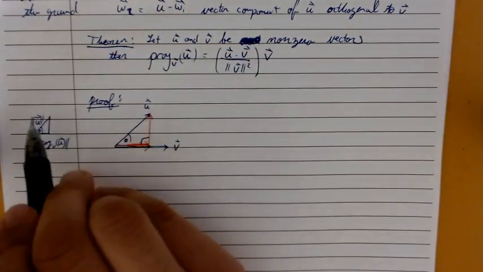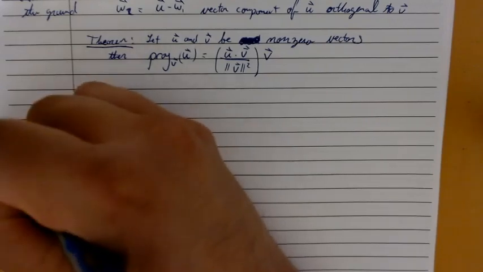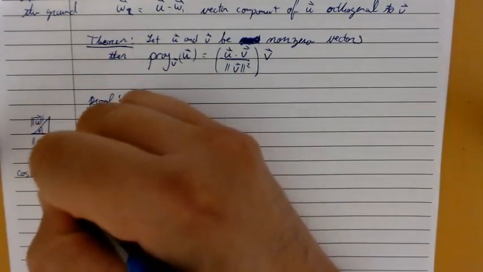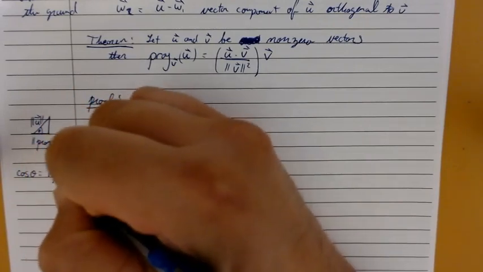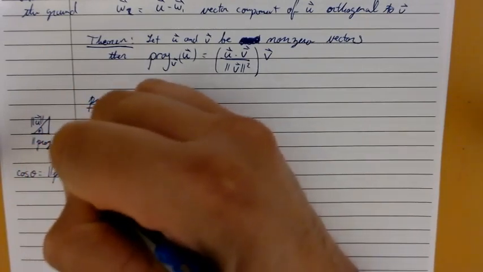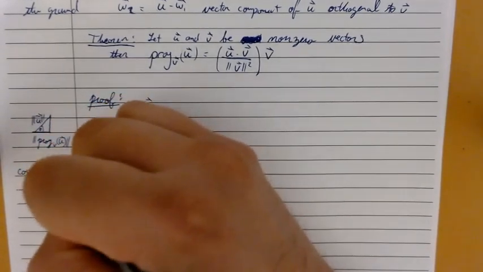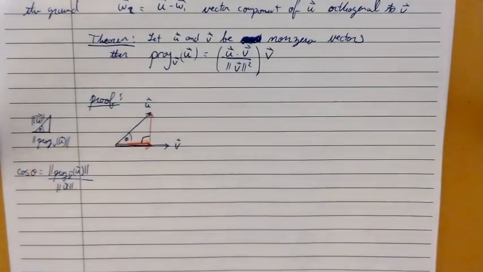Oh, well, that's just cosine, right? Adjacent over hypotenuse. The cosine of the angle theta is equal to the adjacent side, which is the magnitude of my projection, over my hypotenuse, which is the magnitude of u. Like that.